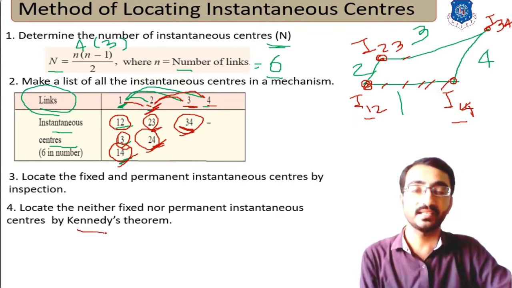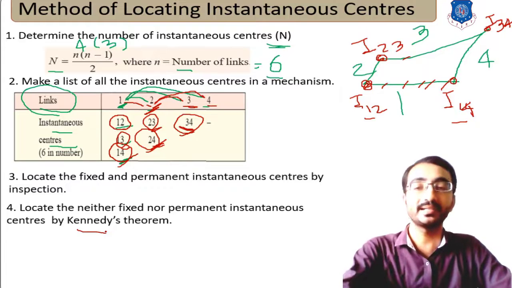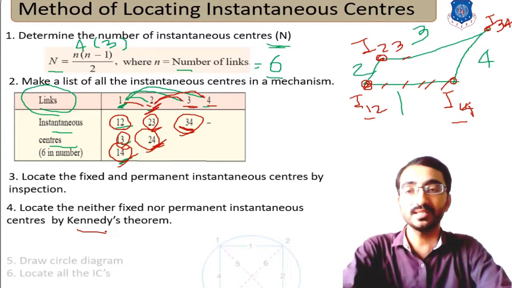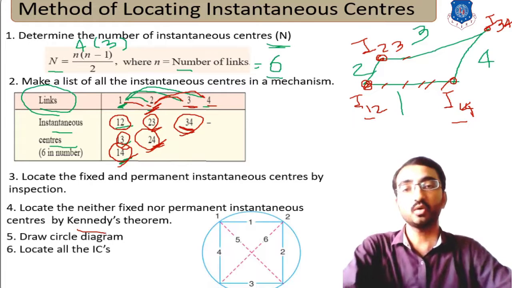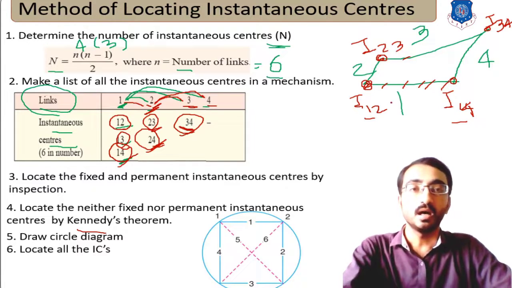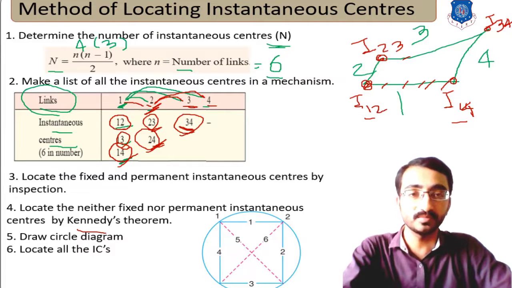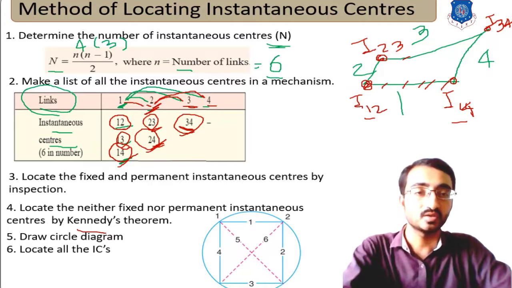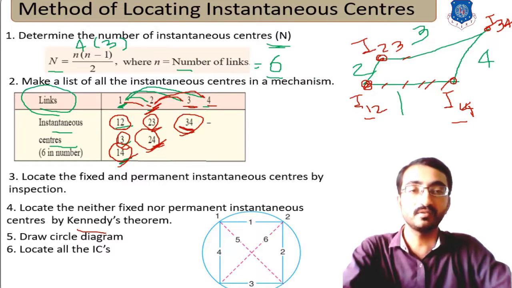and we have to locate them by Kennedy's theorem. To implement Kennedy's theorem, we will use the circle diagram method. In this mechanism we have a number of links, so we will sketch one object which has 4 sides. We can say it is a square or rectangle, so first we sketch a rectangle over here.